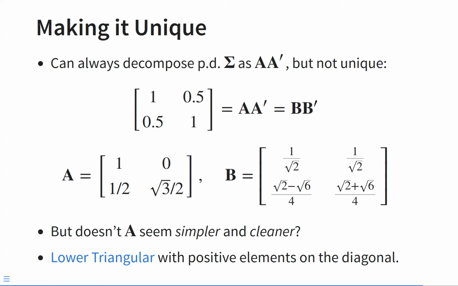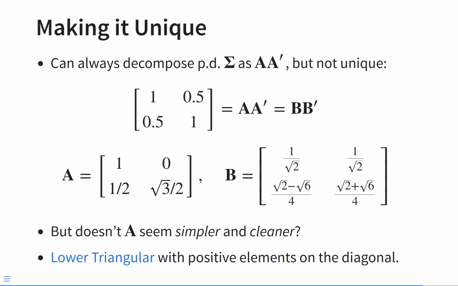A A transpose gives us the correlation matrix with 1, .5, .5, 1, but the same is true of B times B transpose. You can verify the algebra if you want. It's not terribly exciting, but there it is. I mean, sure, B does the job, but when you look at B, doesn't it look just a little inelegant? Doesn't it look a little overly complicated and cluttered?